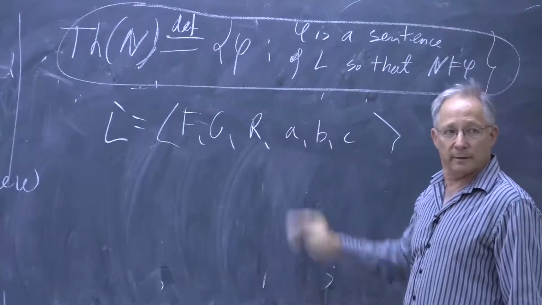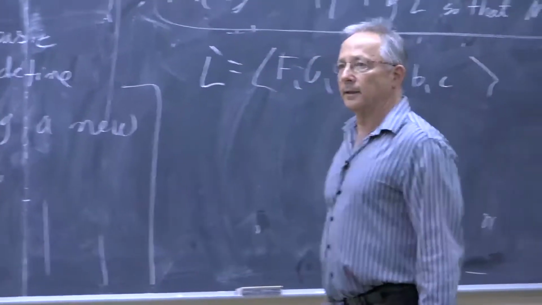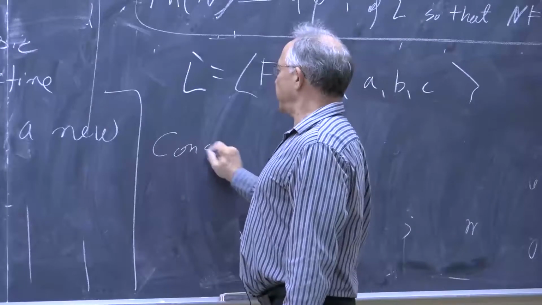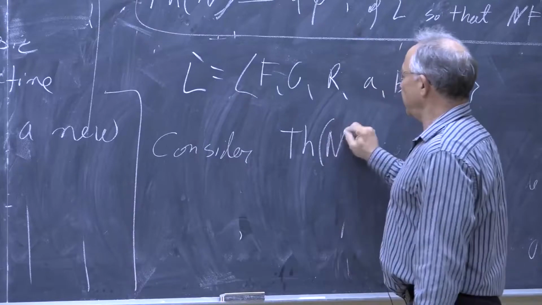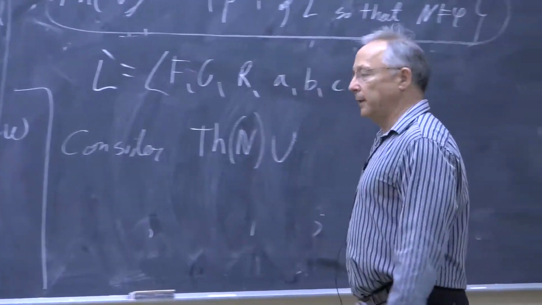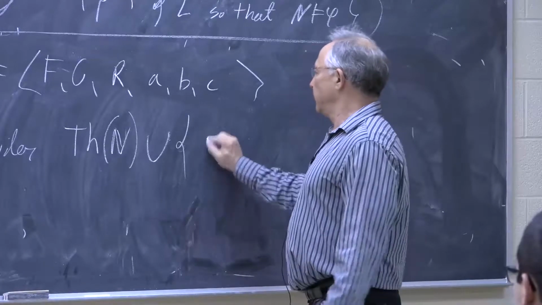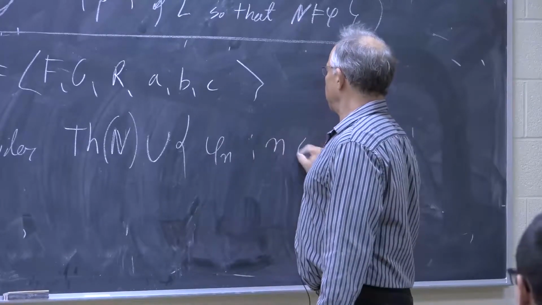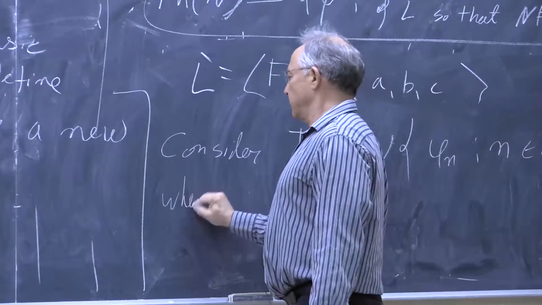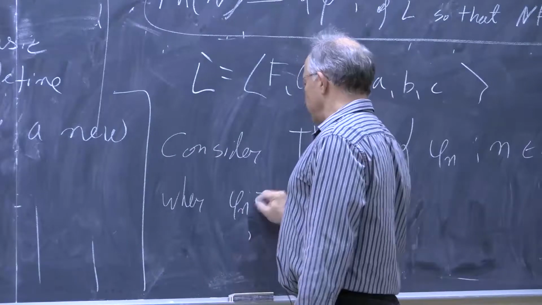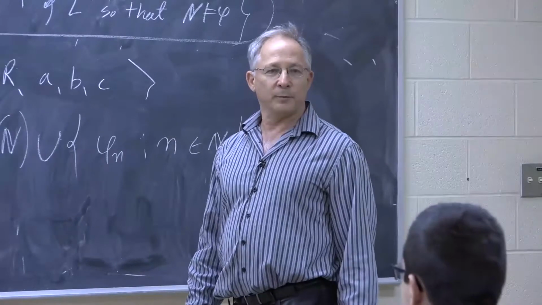It just didn't use C. And now we consider the following set: the theory of N union the set of all phi n, where n is a natural number, and phi n just says that C has more than n predecessors.